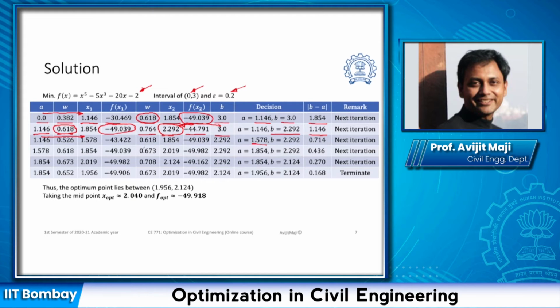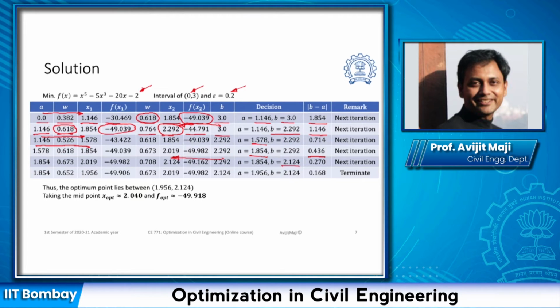Then once we go to the next iteration, we are seeing that again we are moving our lower boundary from 1.578 to 1.854. So that is what we are showing here. Now again we find that the width of the interval is still higher than the intended precision. We move to the next iteration, and this time we see that the upper boundary is being moved from 2.292 to 2.124.